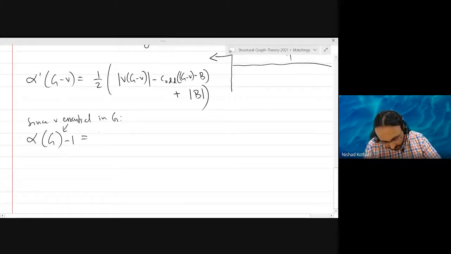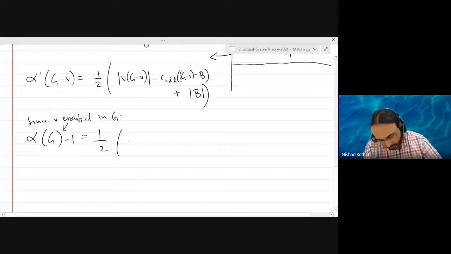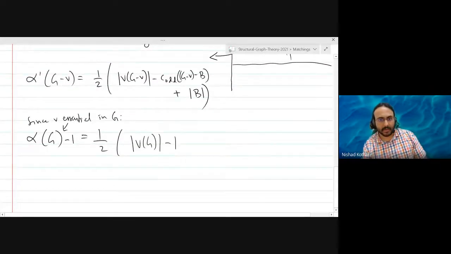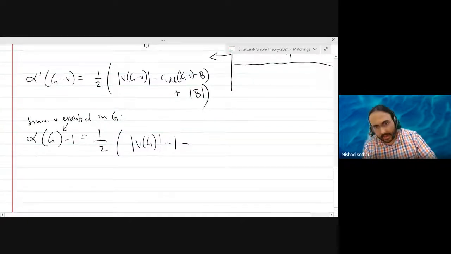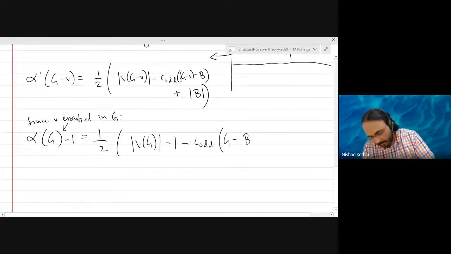And let's write down everything in terms of the original graph G instead of G minus V. So what do I have here? It's the number of vertices of the graph G minus 1 because I've deleted one vertex, and the number of odd components, let me write it in terms of G. Notice that deleting V and then deleting B is the same as deleting B union V together.